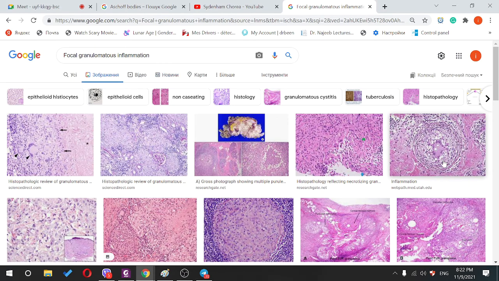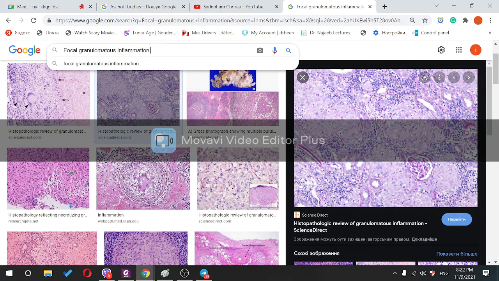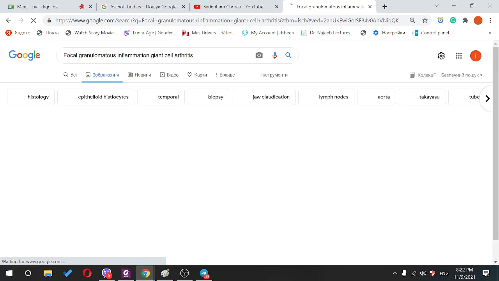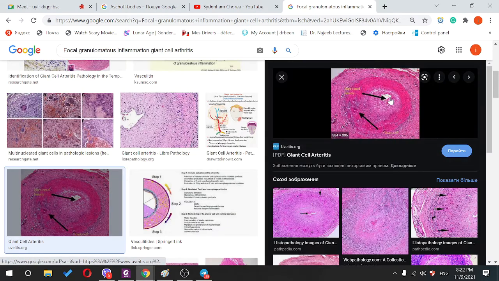So you can see here where it is, focal granulomatous inflammation, giant cell arteritis. Okay. Yep, so you can see the lumen of the vessel, and you can see the walls of the vessel.